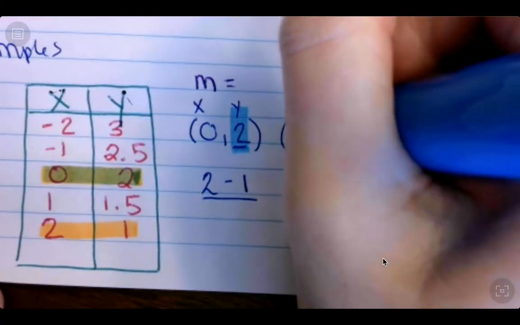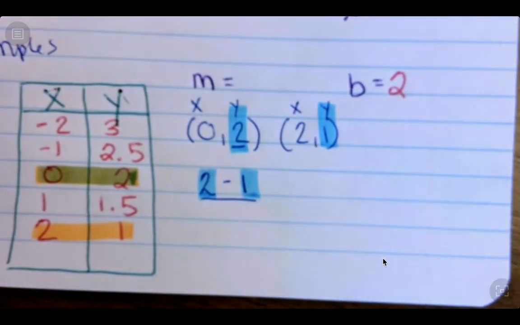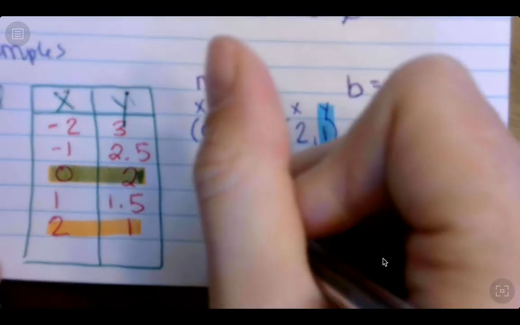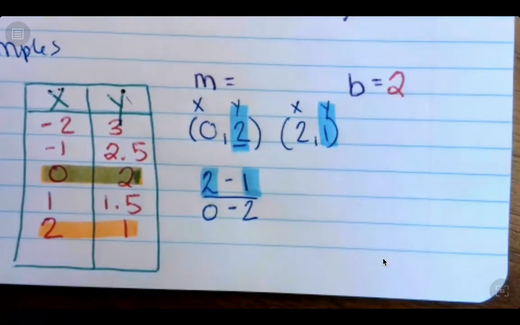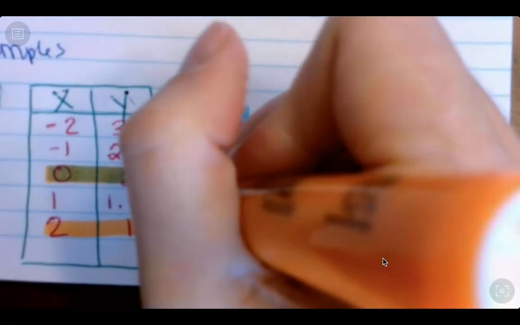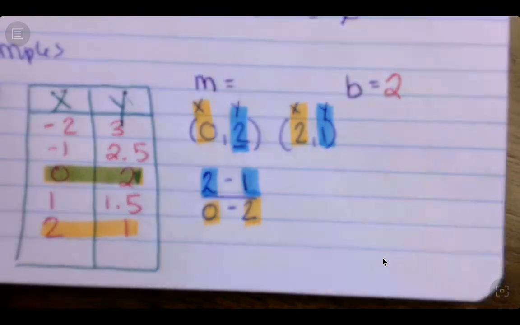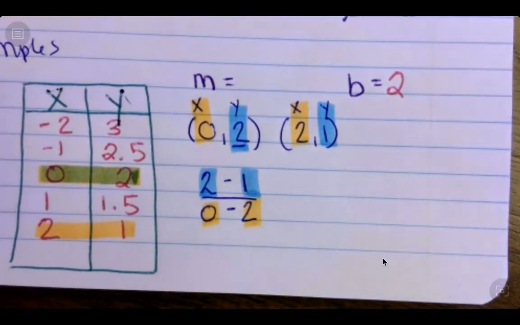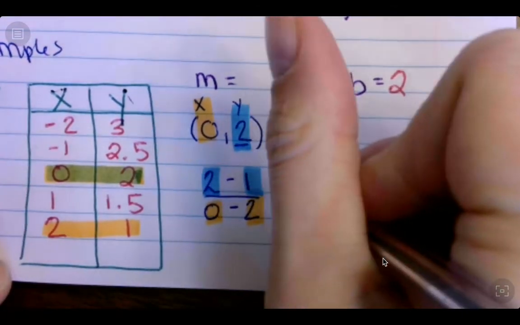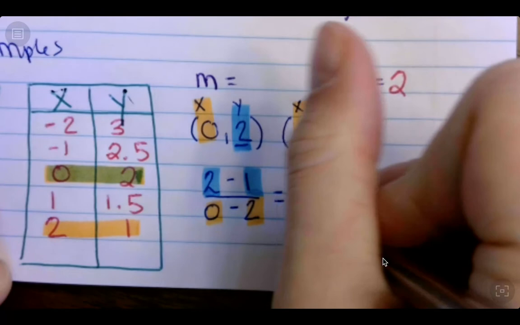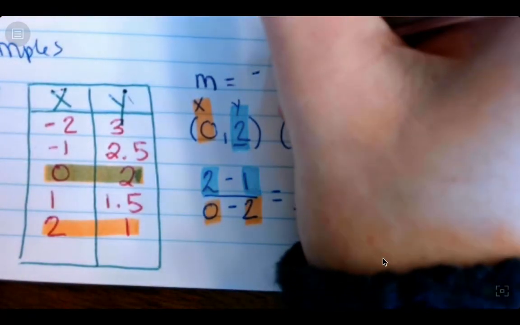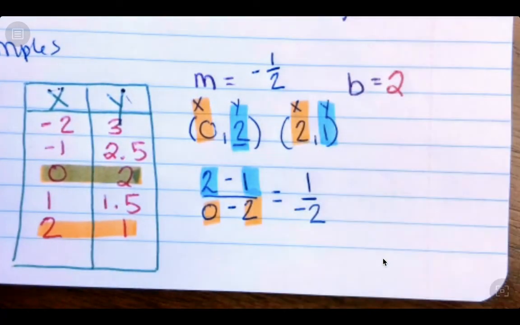Then on the bottom, because you took this 2 first, you've got to take the 0 first, minus 2. 0 minus 2. And again, you don't have to use colors. I'm extra, it's fine. 2 minus 1 is 1. 0 minus 2 is -2. So my m, because that cannot be reduced, is 1 over -2, or -1/2.